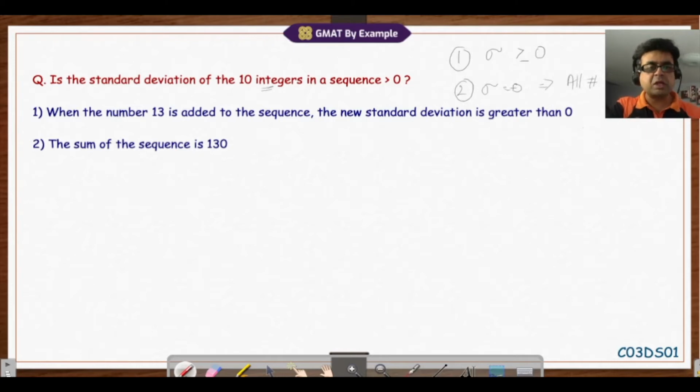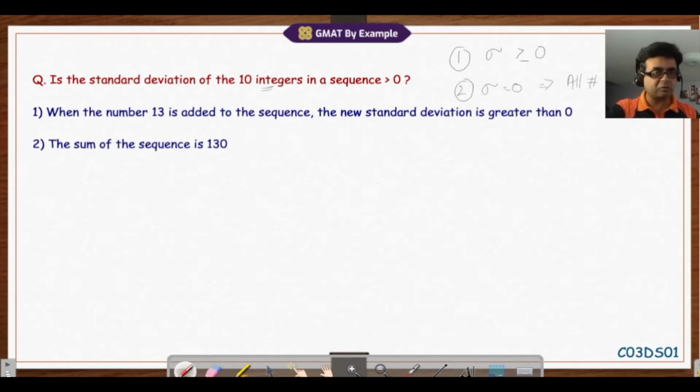So let's read through the question once more and try to understand, based on the information we have, what the question is really asking. Is the standard deviation, let's forget about the quantity of integers, in a sequence greater than 0? We know that standard deviation is either greater than or equal to 0. We also know that it is equal to 0 when all quantities are equal.